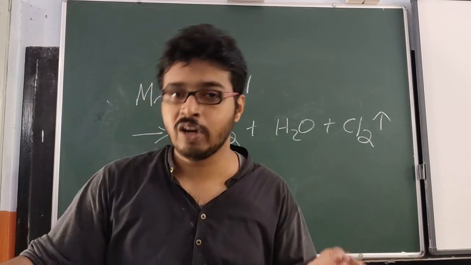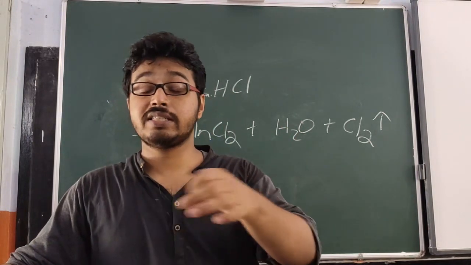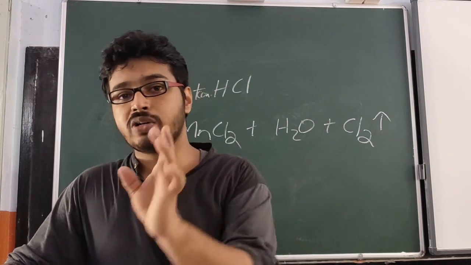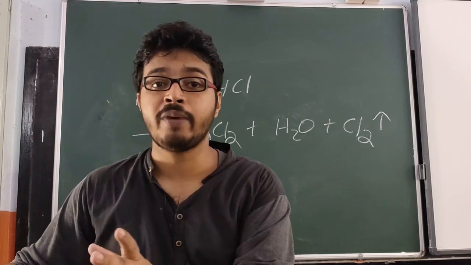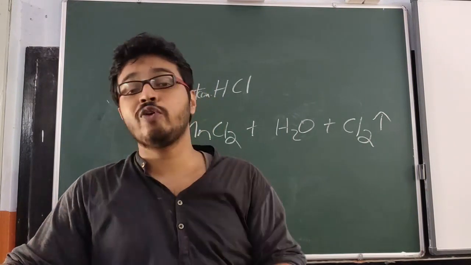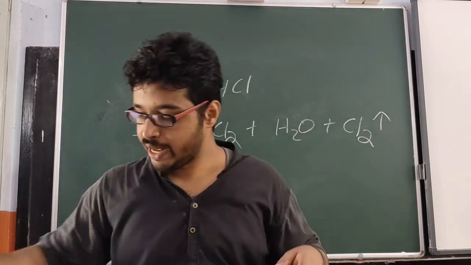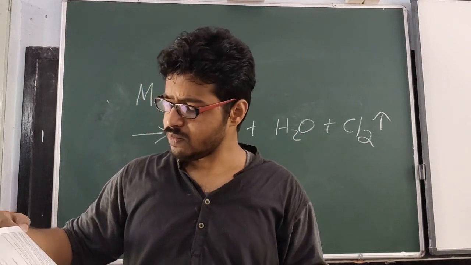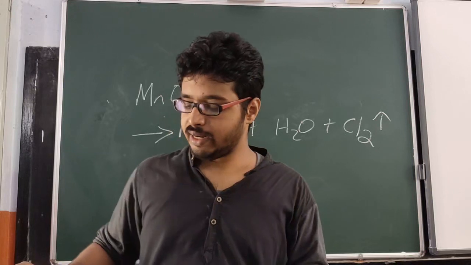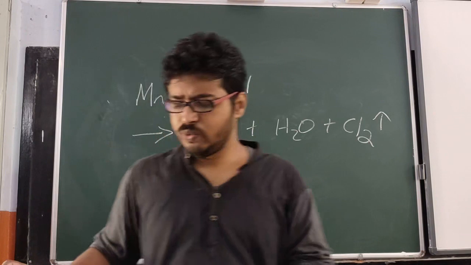Because of the presence of that lone pair, it is able to abstract a proton by sharing its lone pair through a coordinate bond to form ammonium ions. So study that part also. Other than that, just go through the introduction part of ammonia also.